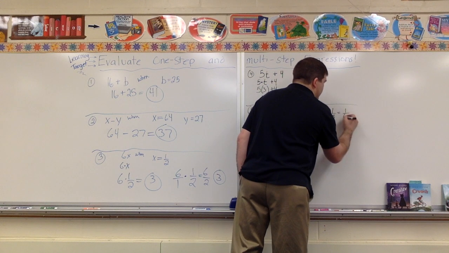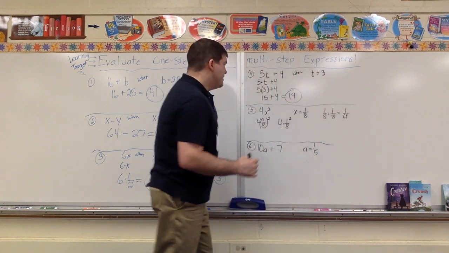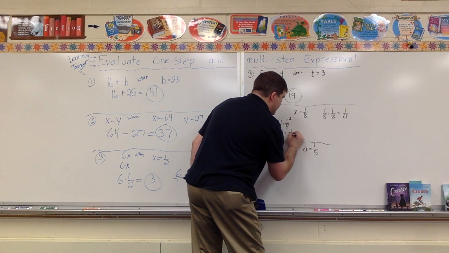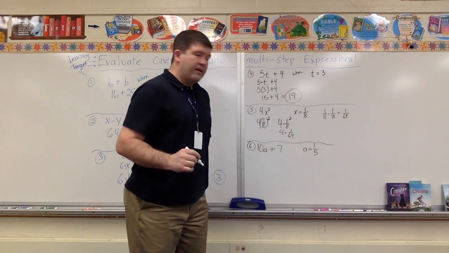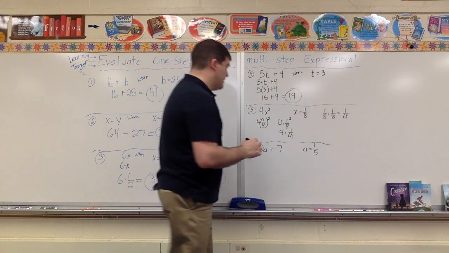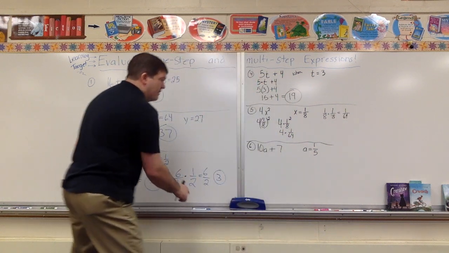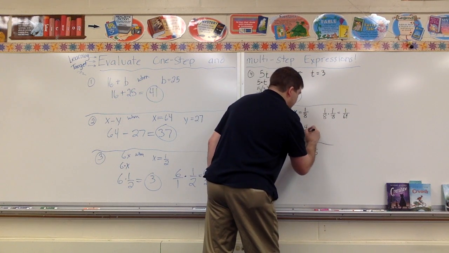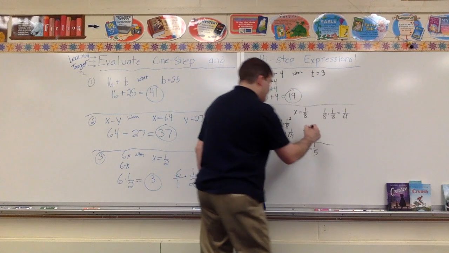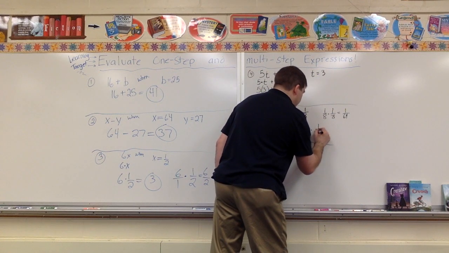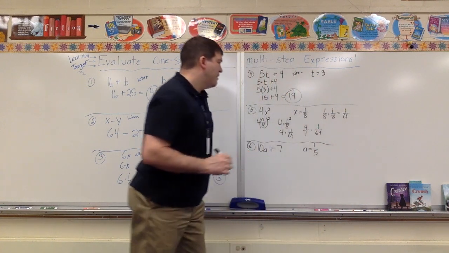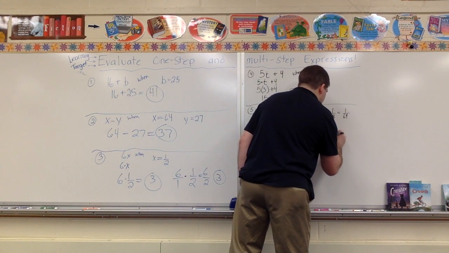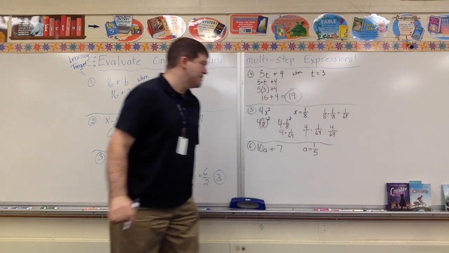It's 8 times 8 is 64. So now I have 4 times 1/64. Again, I could do this like I did over here, where I have two fractions. 4 is the same as 4/1 times 1/64. So then I just multiply across. 4 times 1 is 4, and 64 times 1 is 64.